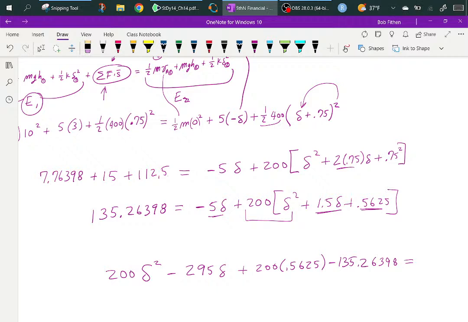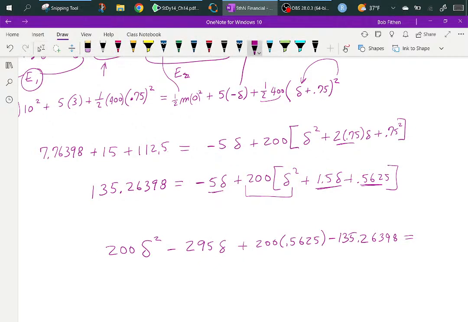Uh-oh. No, it didn't get it. Huh. So it says 200 delta squared minus 295 delta minus, I get 22.76398 equals 0. I am now going to see if this thing can solve a quadratic equation.